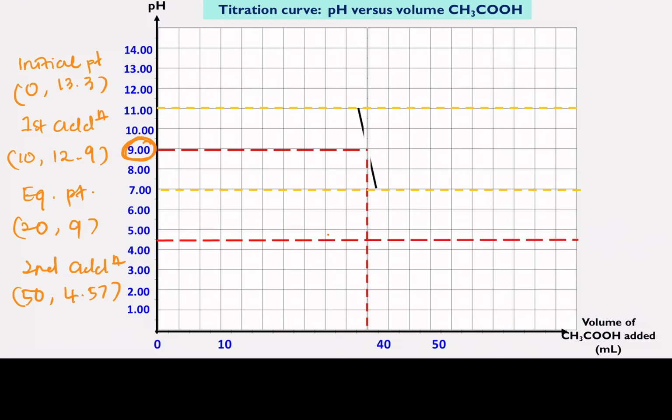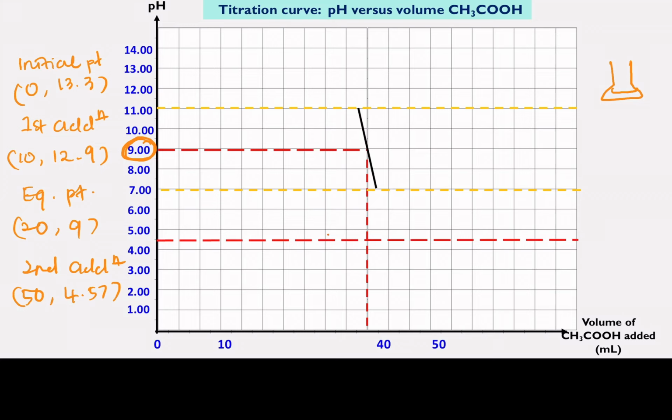Oh, your second addition, right? So since you have your base in your conical flask, that means that you will start with the base. Sekejap, saya kena lukis dulu. So your base paling tinggi berapa?